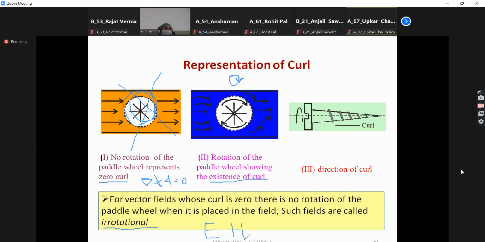But if such an electric field, we have seen in the concept of Faraday's law, if this particular field is cut by any conductor, then generation of current happens there. If your conductor is closed, then your current is going to be moving in the conductor.